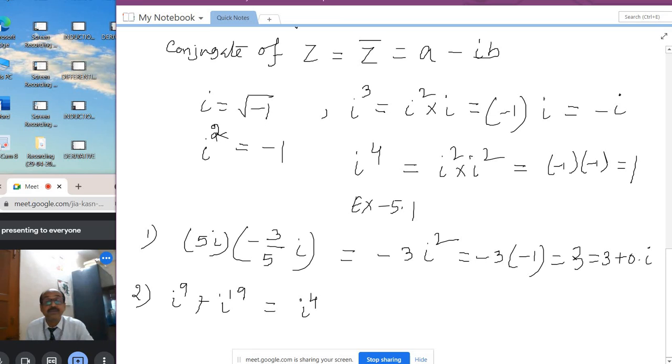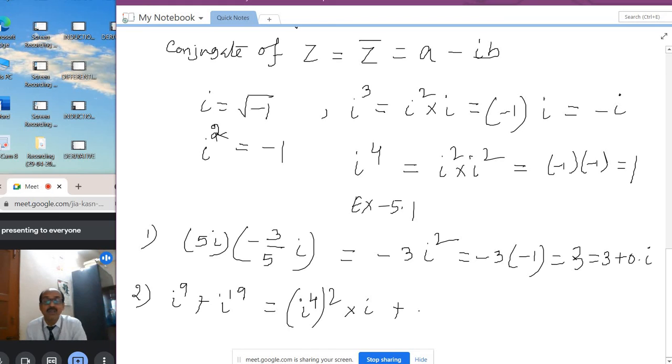So i to the power 9 is i to the power 4 whole square, that is 4 into 2 is 8, into i, so 8 and 1 is 9. Plus i to the power 19.